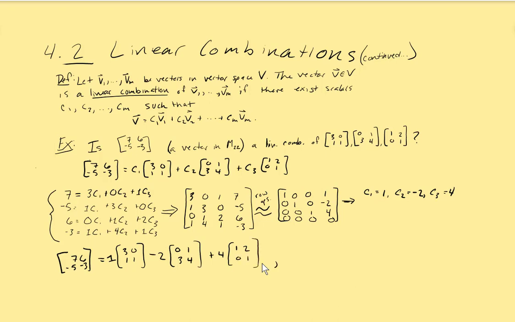Here we have the original written as a linear combination of those 3 matrices, which are really vectors if we consider them in this vector space M22.